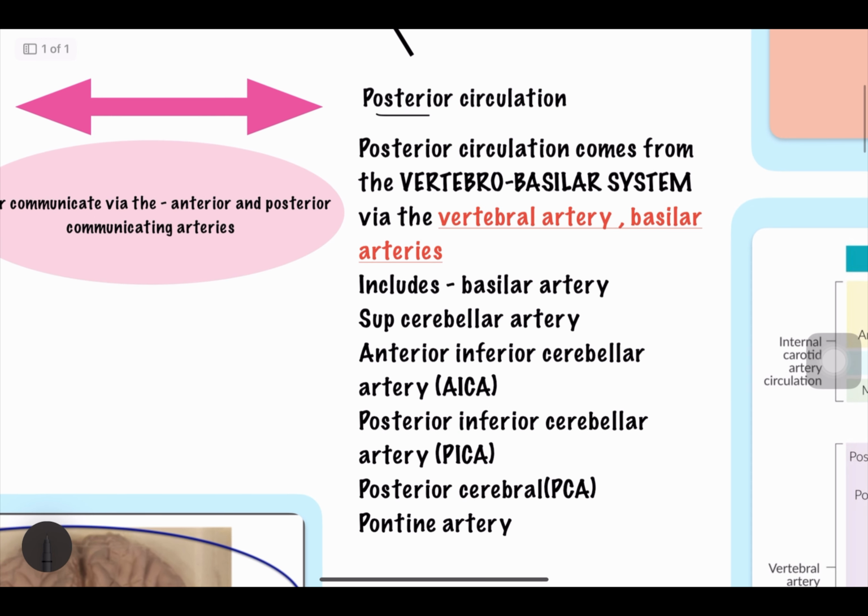And the posterior circulation comes from the vertebrobasilar system, which includes the vertebral artery and the basilar arteries.